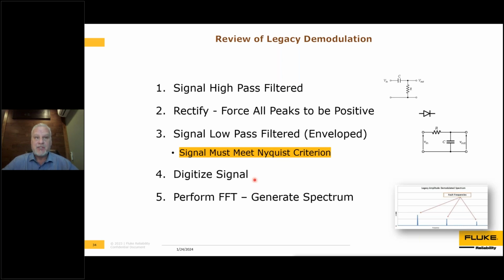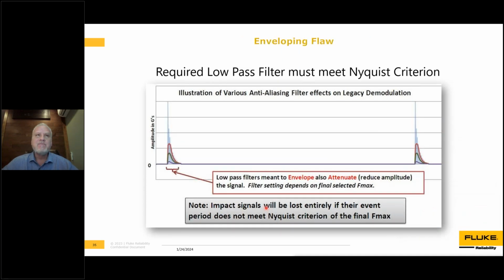Then they digitize the signal, and then they perform an FFT so that, again, you can determine what the frequencies are if there are discrete frequencies in that data. Again, it requires a low pass filter that must meet Nyquist criteria, and that filter setting depends on what you're asking.